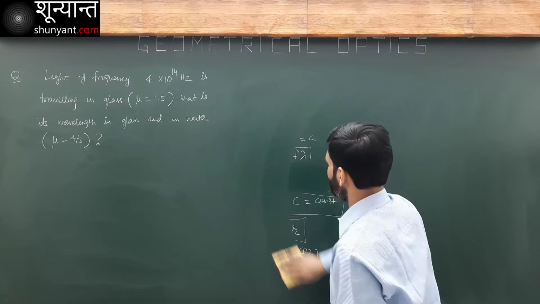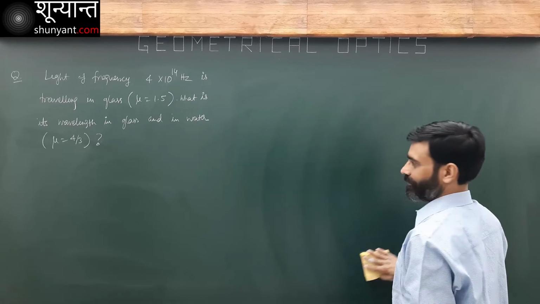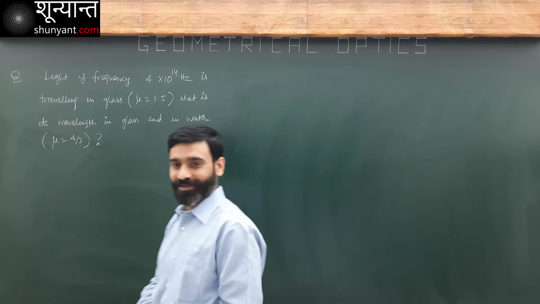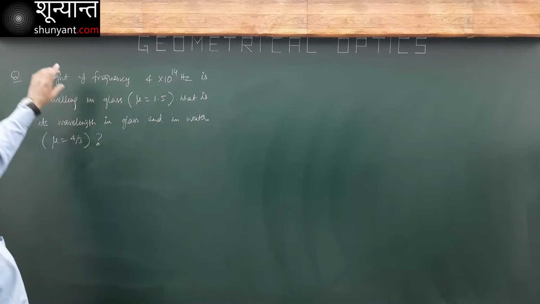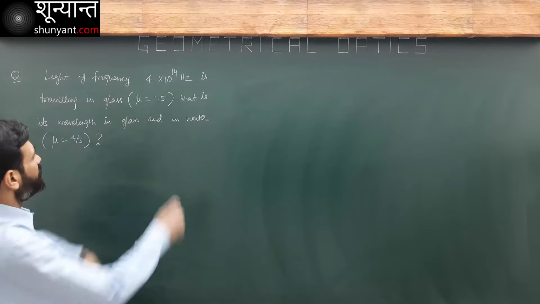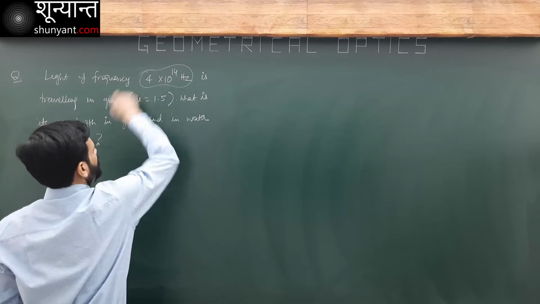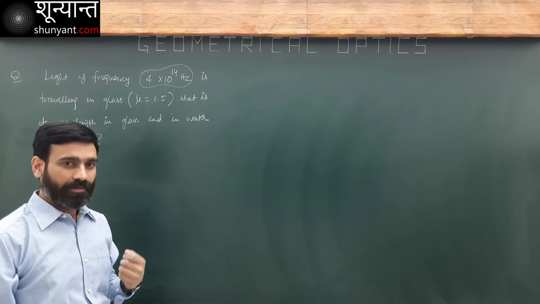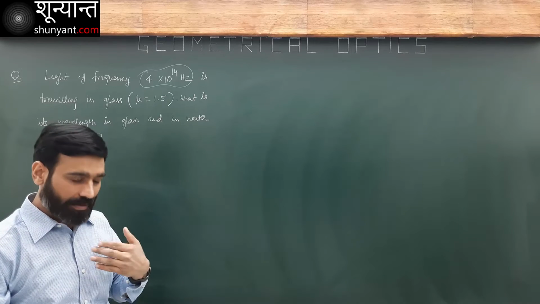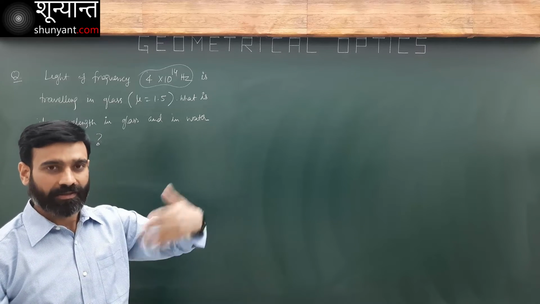We are doing it quickly because this is something that we have done already. Understand this. I have this light of frequency. This is the frequency. That light is passing through several mediums, one after the other.